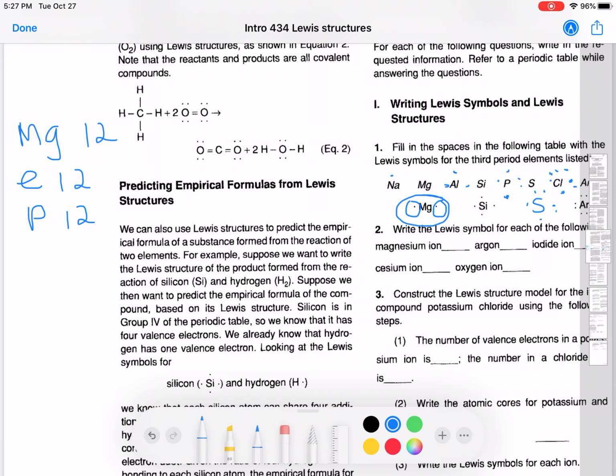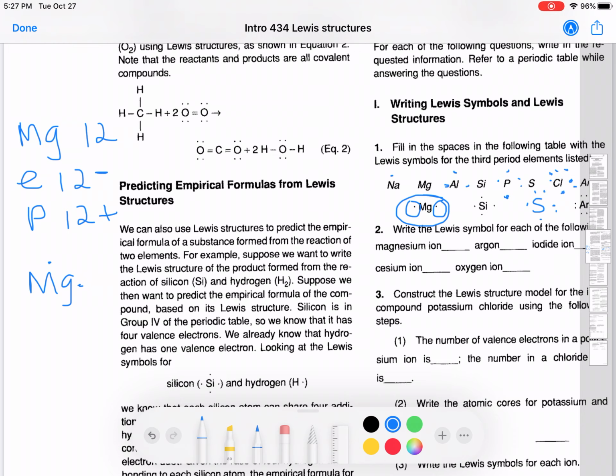From this, valence electrons are 2. So right now there are 12 electrons, meaning 12 negative charges, and 12 protons, meaning 12 positive charges. When you draw the Lewis symbol, it would be like this. It also has 10 core electrons, and then with these 2 valence electrons it would be 12.